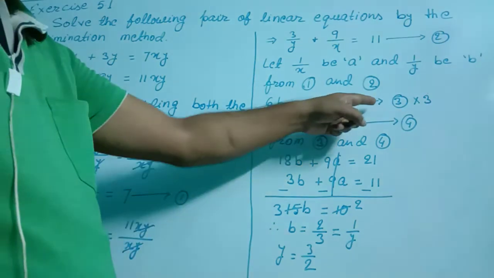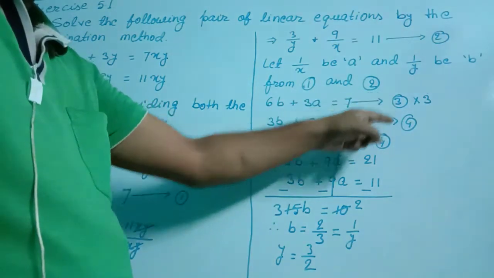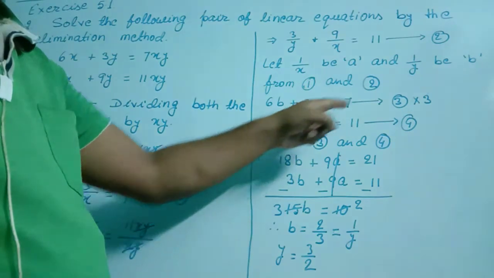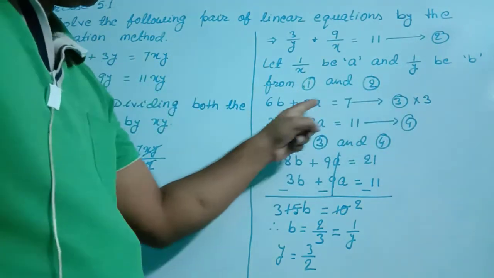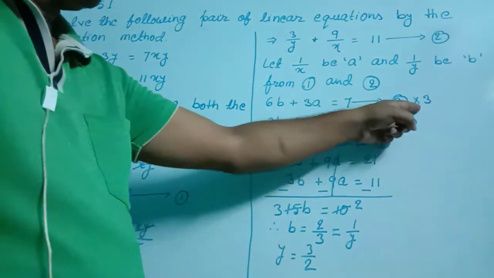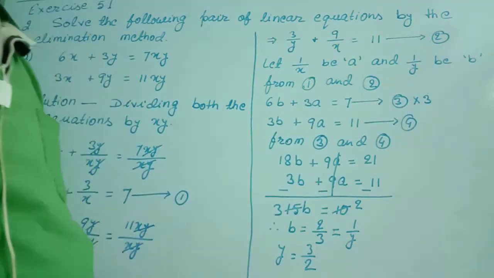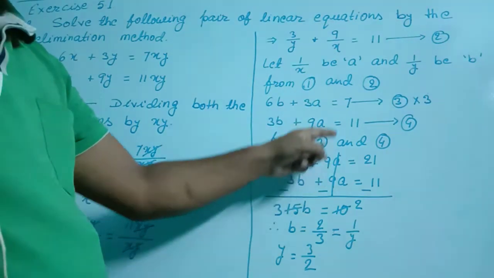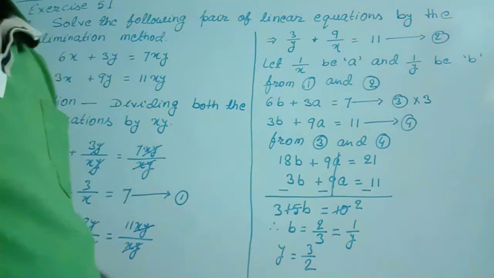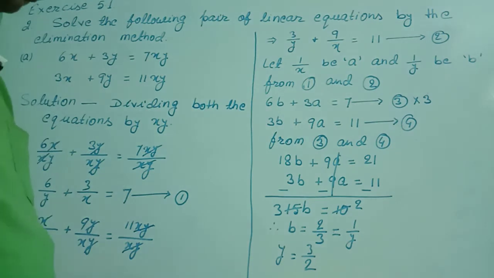Now from 3 and 4, these two equations became 3 6 is 18b plus 3 3 is 9a equal to 3 7 is 21. After that 3b plus 9a equal to 11. Now we have two options.